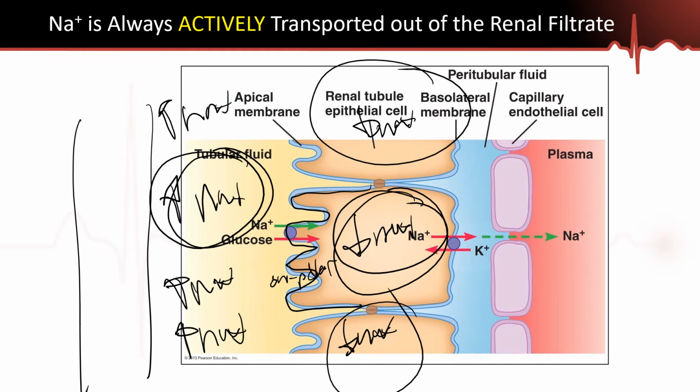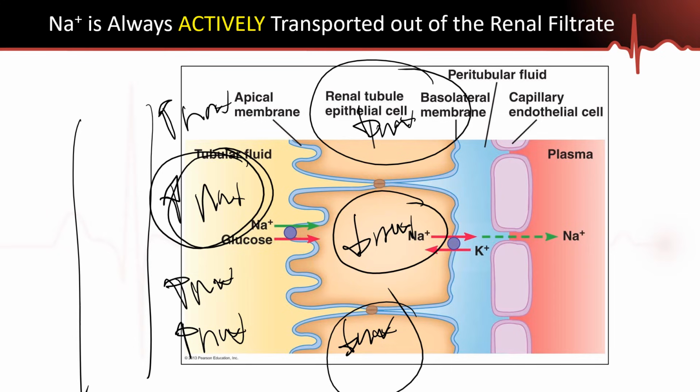So the point is, sodium cannot by itself get past the apical membrane of this epithelial cell. Because the plasma membrane is nonpolar and sodium is a positively charged ion, there's no way for sodium to actually get past it.